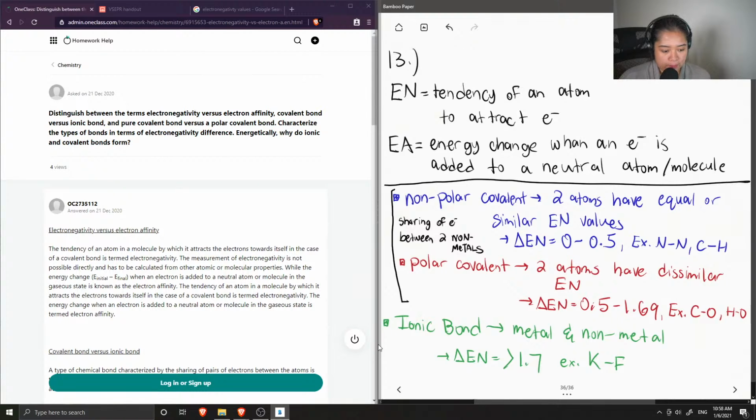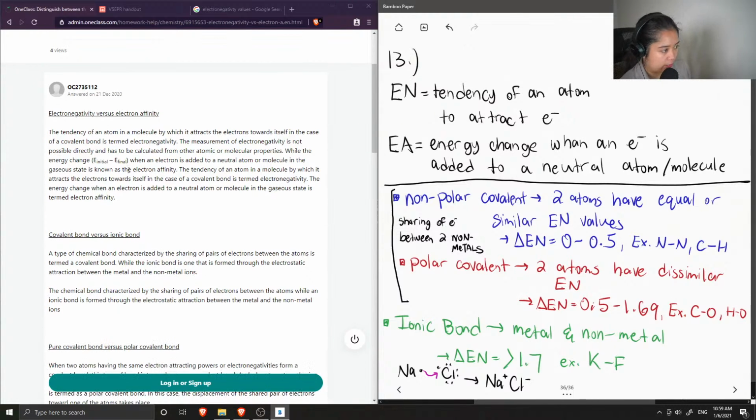Let's say we had a sodium ion that has one valence electron, and we have a chlorine that has 7. The sodium donates its electron to the chlorine, and this is how sodium chloride is formed. So sodium has a positive charge and the chlorine has a negative charge, and this is what forms the ionic bond.